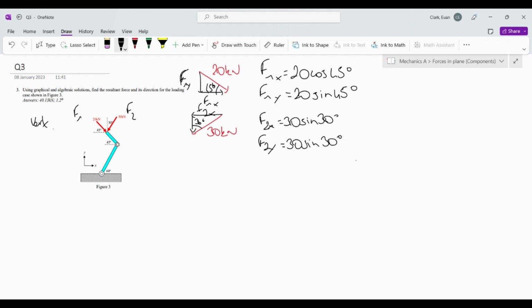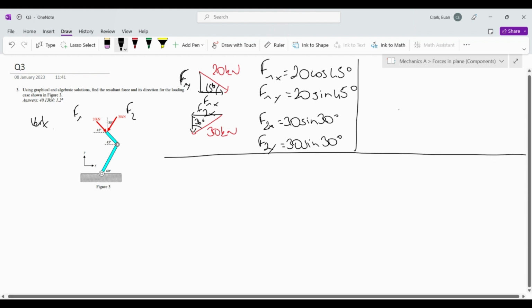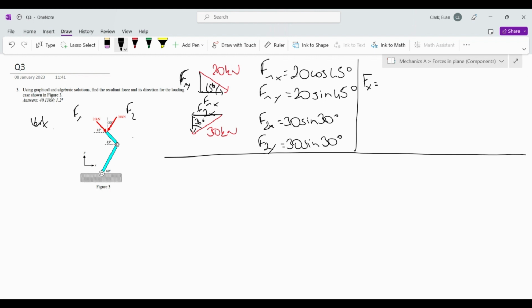Perfect. Right, so now we're going to be able to find the Fx and Fy. So Fx is simply the sum of the two components in the x direction. Now we have to be careful with the sign. As you can see here, x, if it's going to the right, is positive.